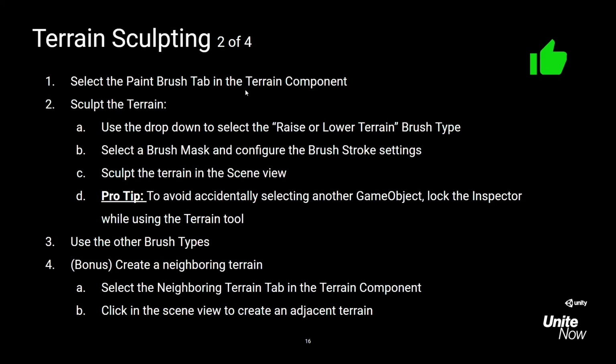Right, good question coming in about the terrain tool versus the terrain toolbox and the tools that are imported from the package manager. By default, the terrain tool exists in all Unity projects, right? So even if you don't import that package from the package manager, you will have the terrain tool, right?